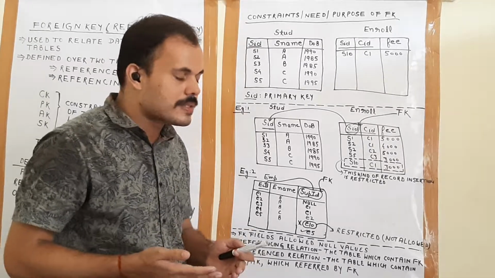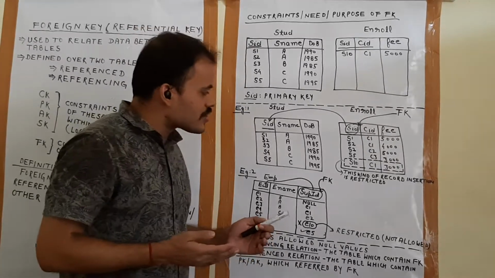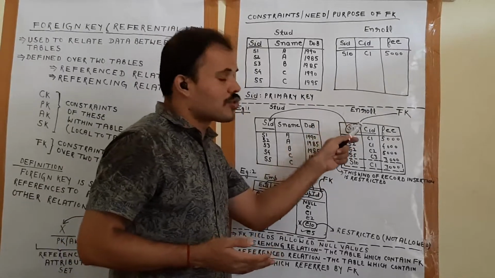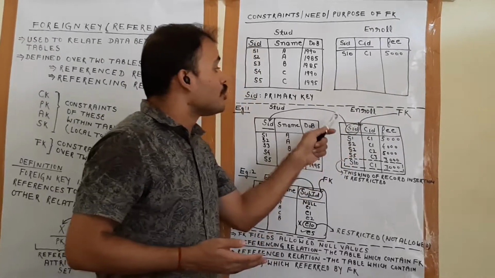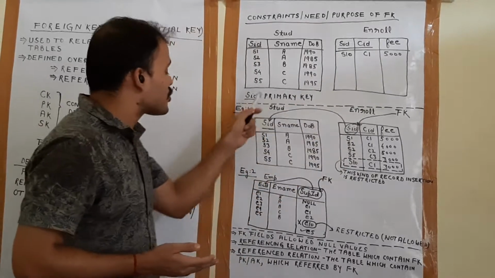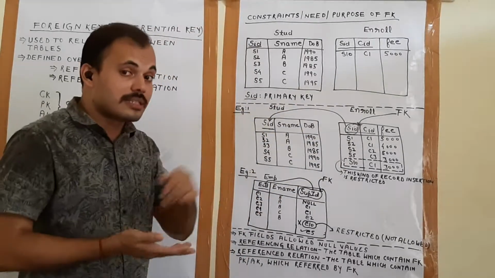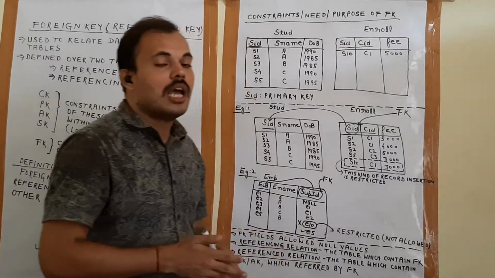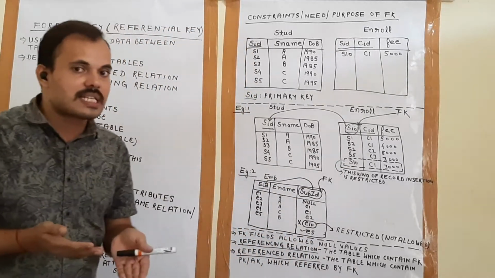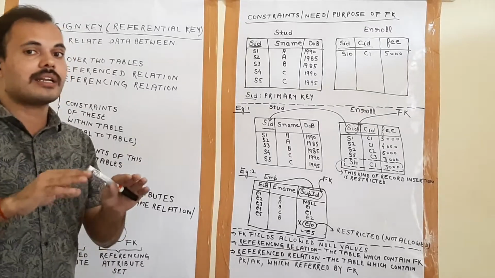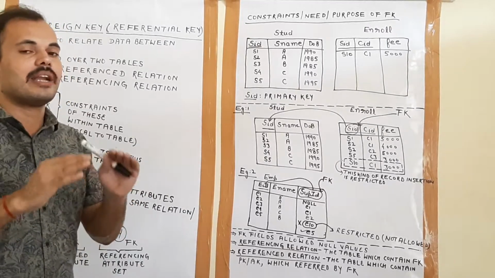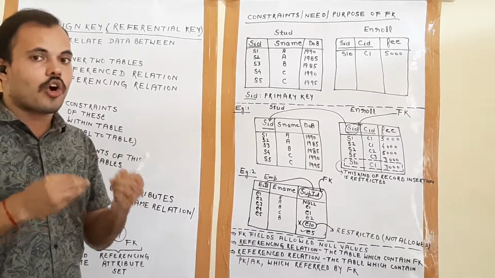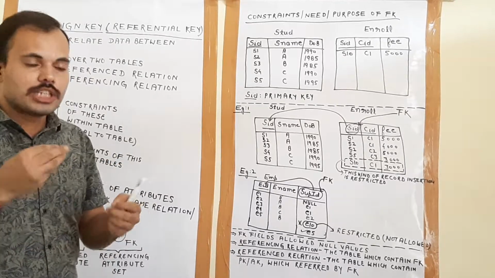Consistent data means only those SIDs will be stored in the enrollment table which belong to the student table. This is the consistent data. So consistency is ensured by maintaining restrictions, and we maintain restrictions by using foreign key.